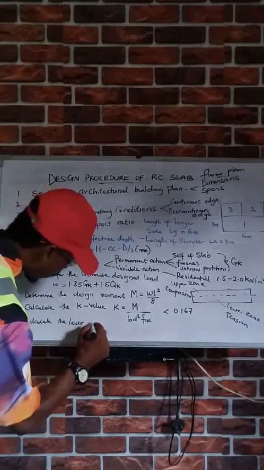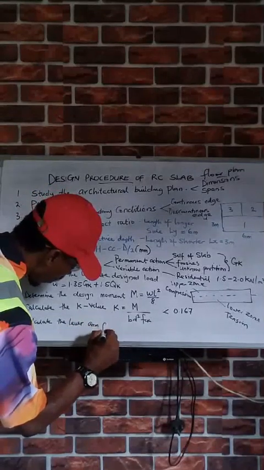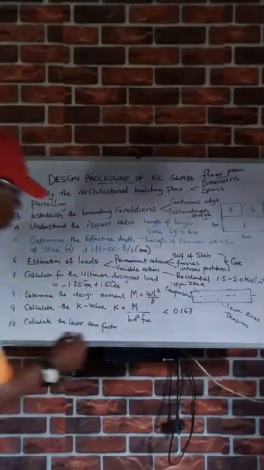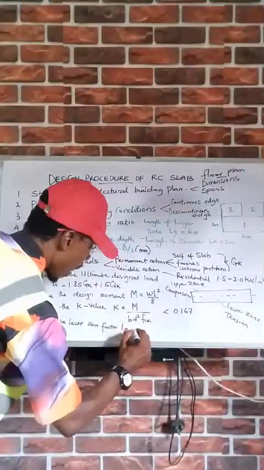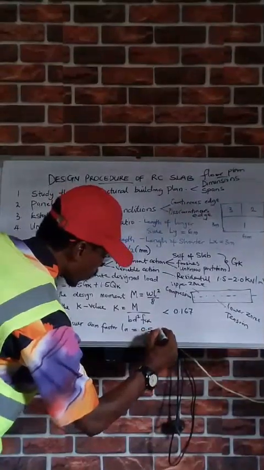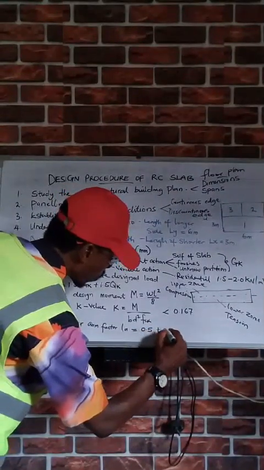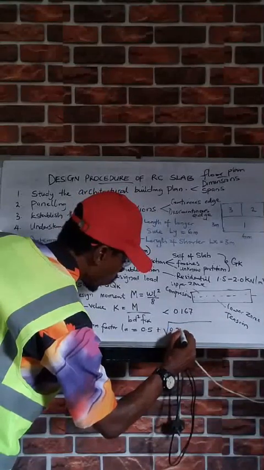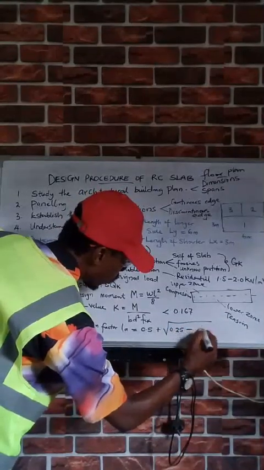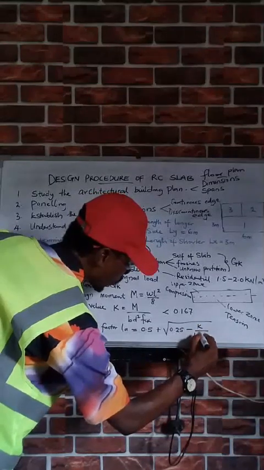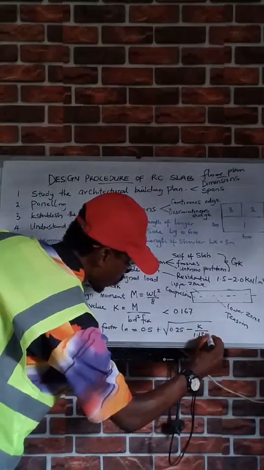You calculate the lever arm factor, LA, and our LA is equal to 0.5 plus the square root of 0.25 minus K over 1.134.